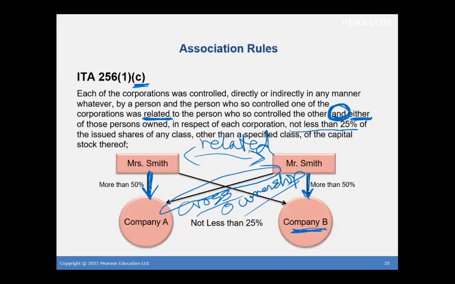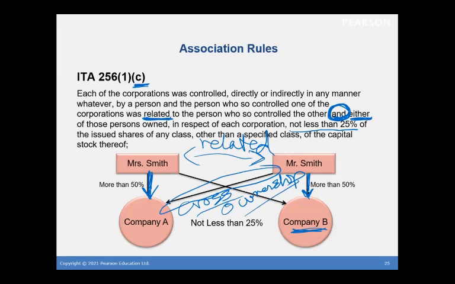So Mr. Smith owns 25% or more of company A, he obviously owns 25% or more of B because he's controlling it, then A and B will be associated. So this is just a rule, right? The 25% is just a number that was selected in this rule as the cutoff, when you own enough of that company to cause these rules to kick in.